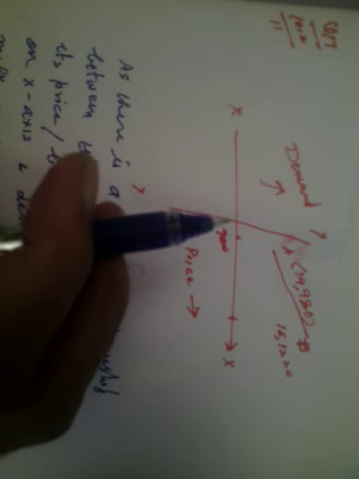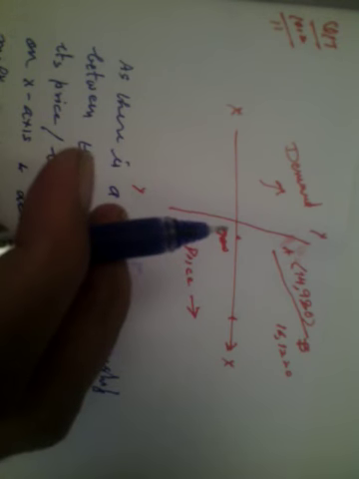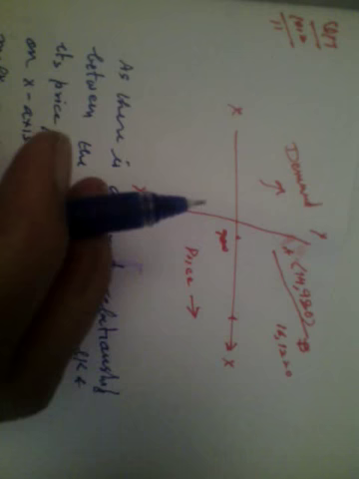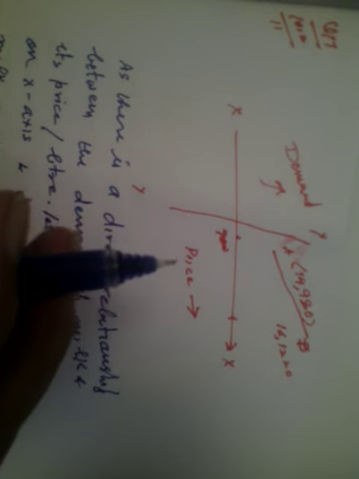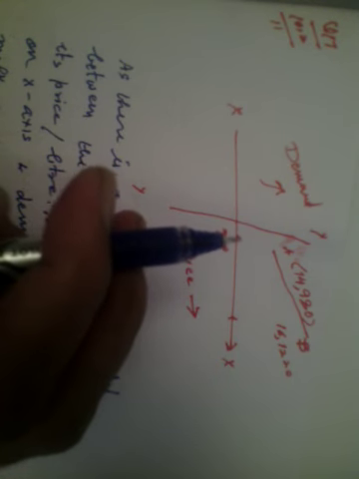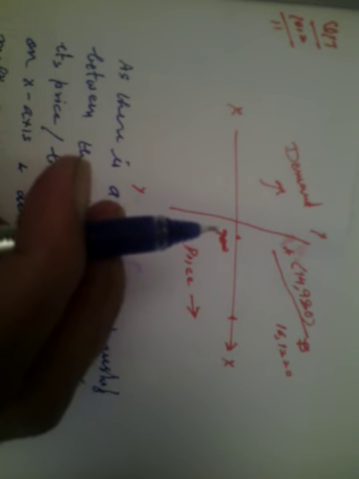It is passing through points A and B, and since 2 points are given, we can find the slope of AB, and we know the points through which it is passing.